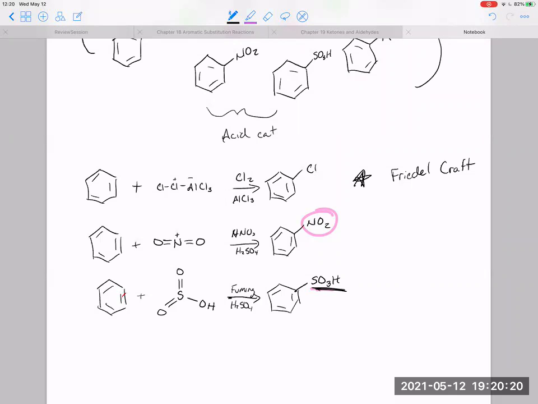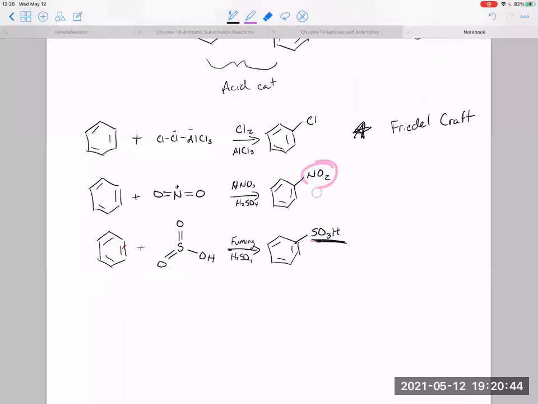And you have something like this instead. Okay, so I've just seen it both ways. Who knows what's actually correct. Our book told us it's SO3, but I've also seen it as SO3H. So just keep that in mind when we're talking about things that the ACS can throw at us.